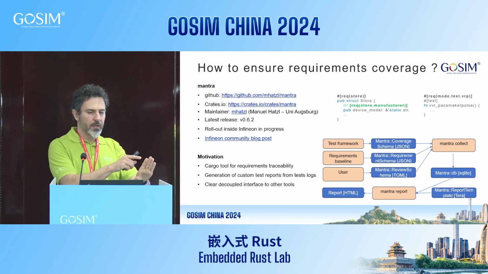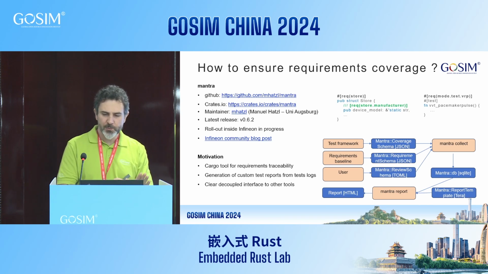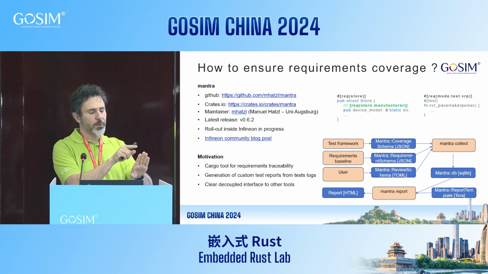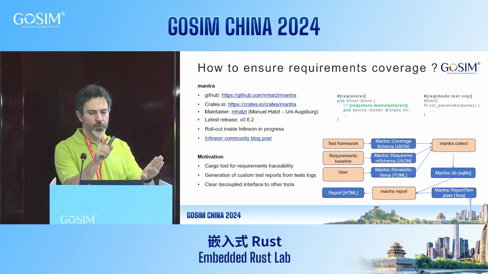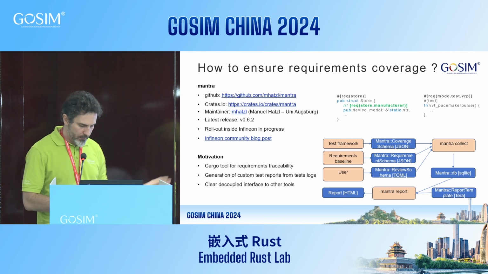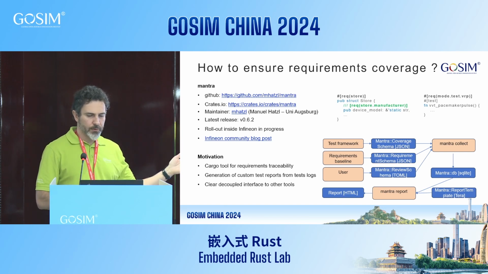I tested my library for this specific device. This requirement is covered by this specific test. As you see here, this test was executed, and the execution of this test passed. Everything was tracked here by this tool, and then you can generate the final output for that.